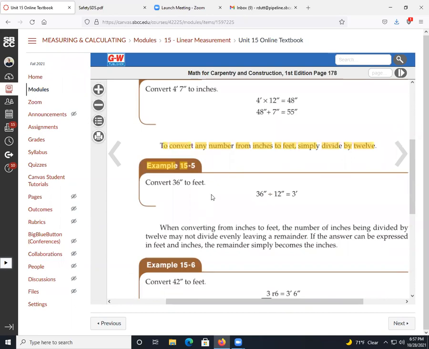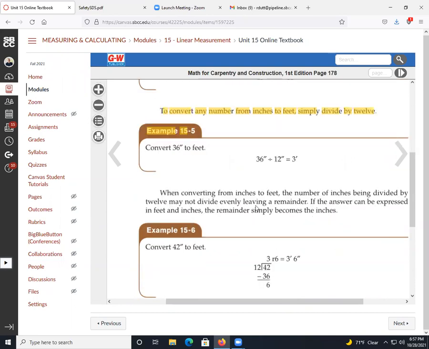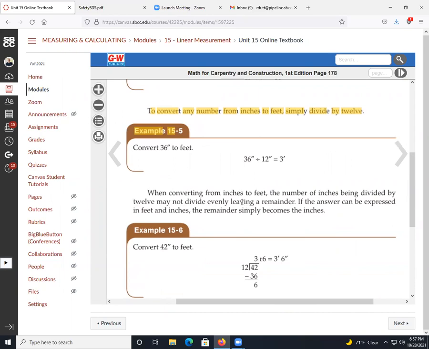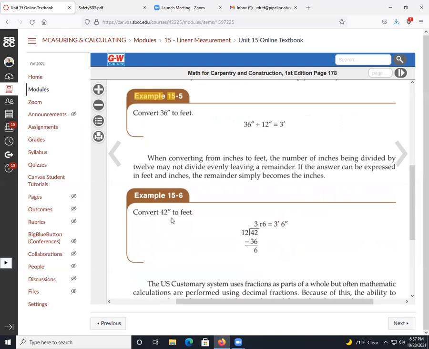Convert 36 inches to feet. 36 divided by 12 is 3 feet. When converting from inches to feet, the number of inches being divided by 12 may not divide evenly, leaving a remainder. If the answer can be expressed in feet and inches, the remainder simply becomes the inches. So 42 inches to feet is 3 foot 6 inches, or 3 foot 6.